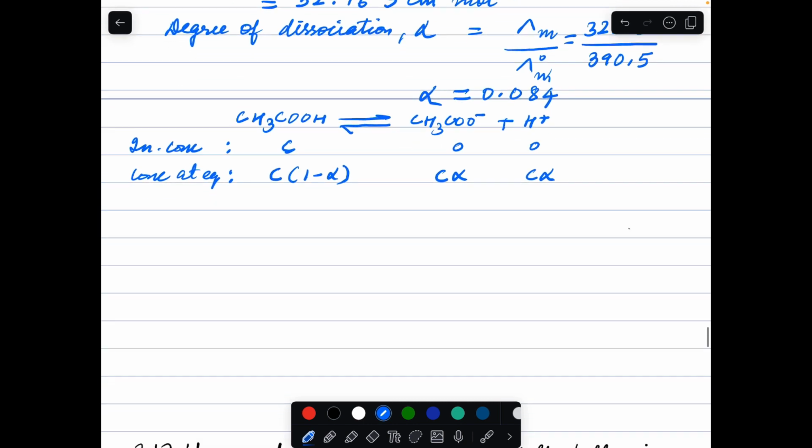Okay, now we will calculate the equilibrium constant, which is the dissociation constant also in this case, and this K is equal to the term on the product side, that will be C alpha multiplied by C alpha divided by, on the reactant side we are having C(1 minus alpha).